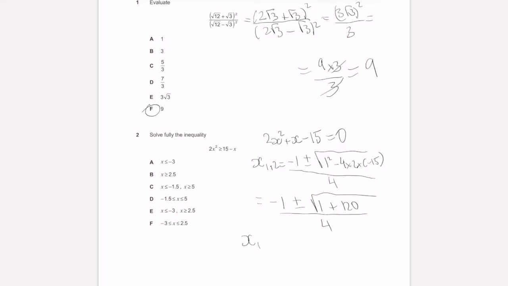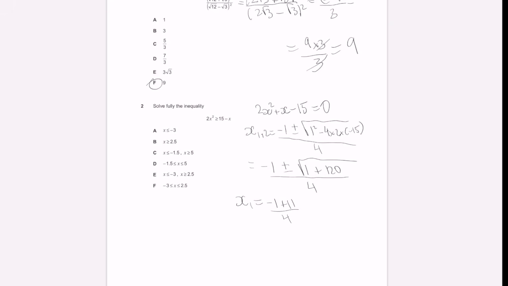So root 1 is going to be minus 1 plus the root of 121, which is just 11, divided by 4. This is just going to give us 10 over 4, which is 2.5. x2, on the other hand, is going to be minus 1 take away 11, so that's minus 12 divided by 4, giving us minus 3.